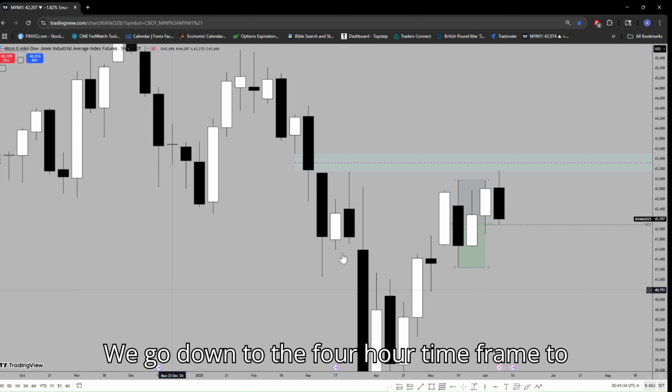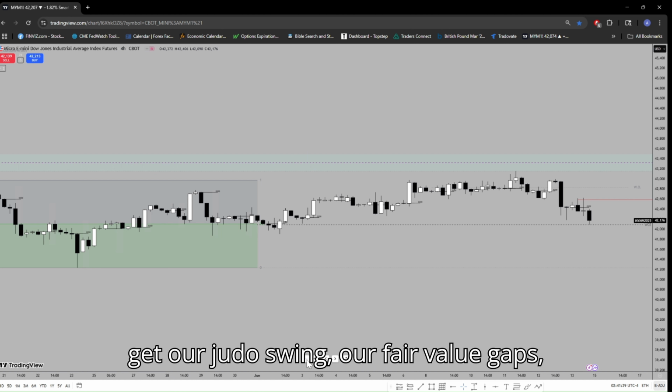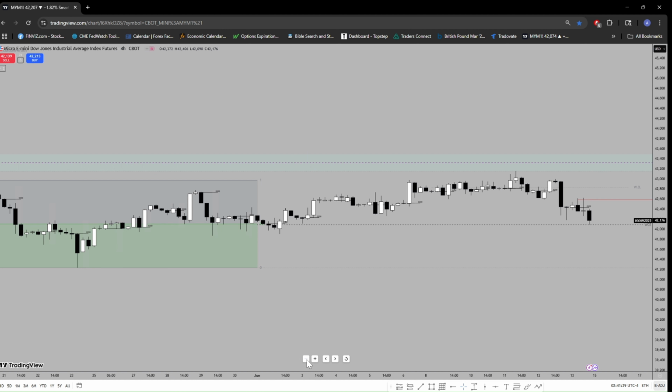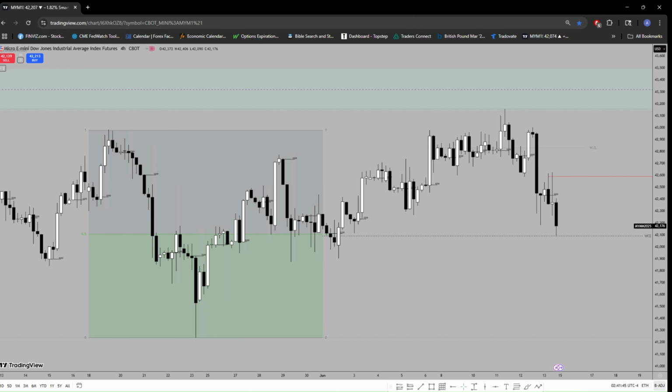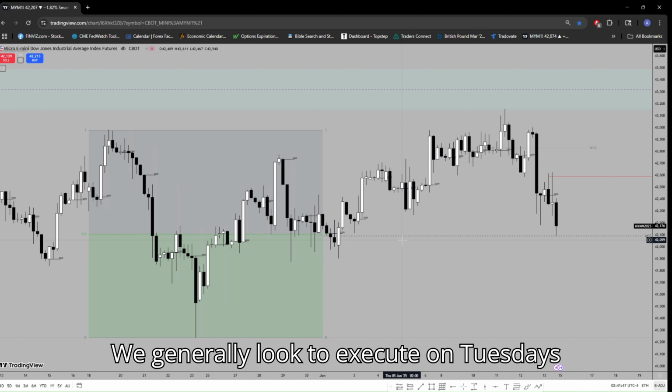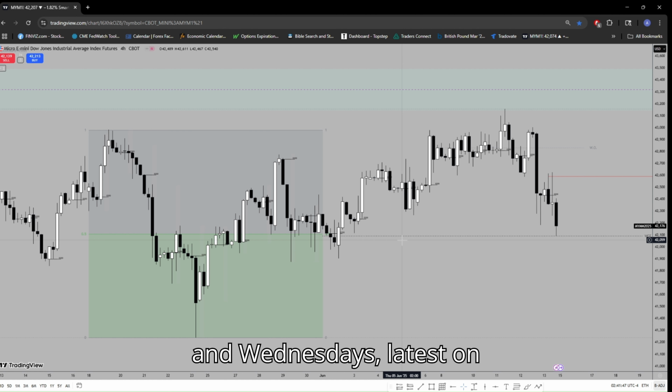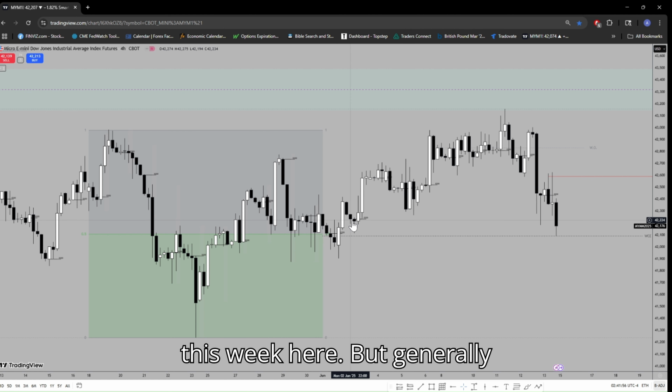We go down to the 4-hour time frame to get our Judas swing, our fair value gaps, etc. We generally look to execute on Tuesdays and Wednesdays, latest on Thursdays, as we can see in this week here.